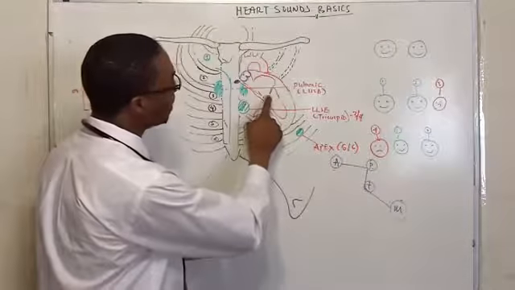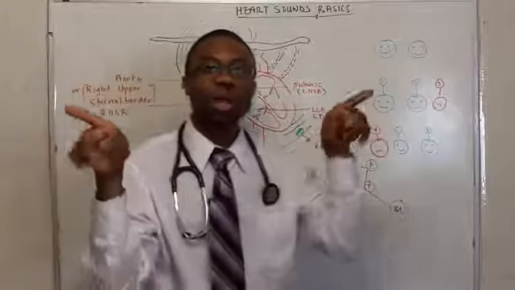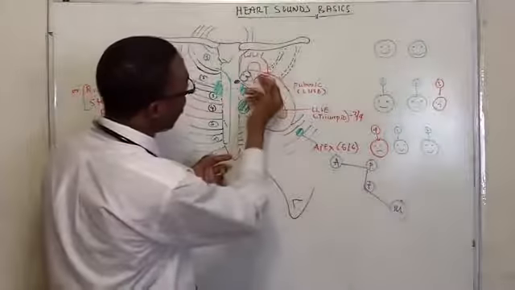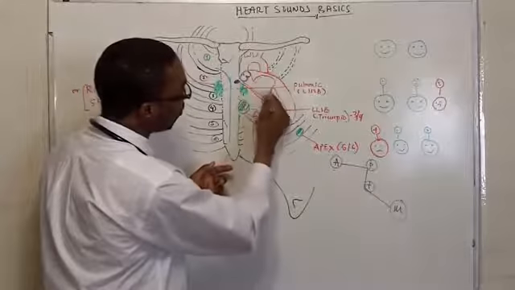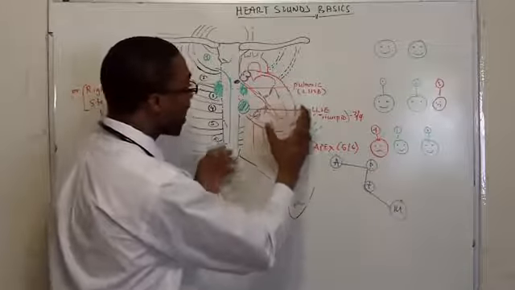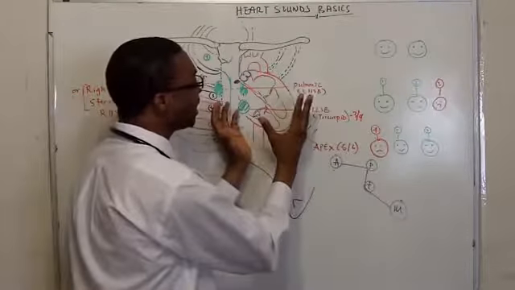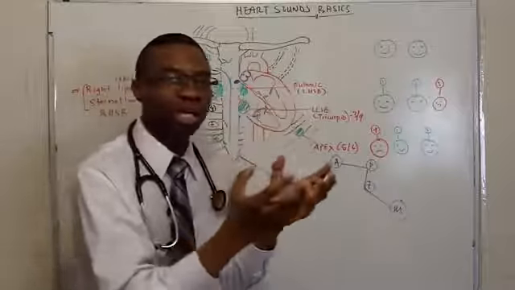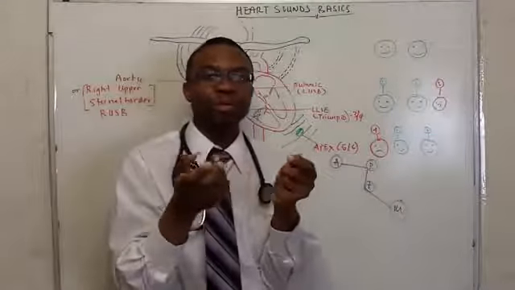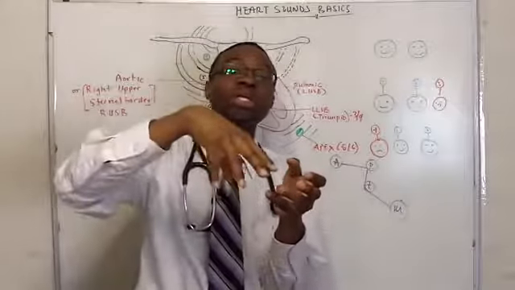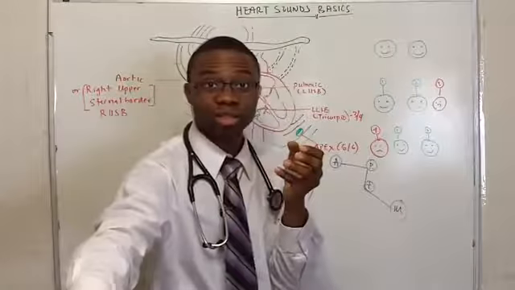We know S1 is when the mitral valve and the tricuspid valve close. When the blood from the atrium goes down into the ventricle and the ventricles try to squeeze, you don't want all that work to be wasted. It's like having a basket where you keep throwing stuff down the drain and it's just going out the other side, right?